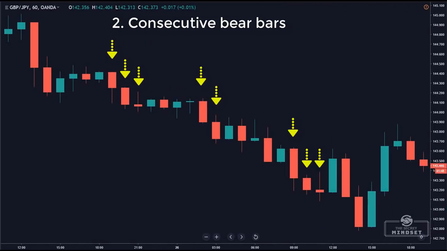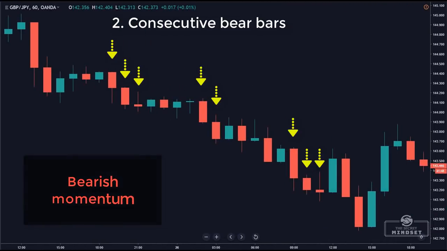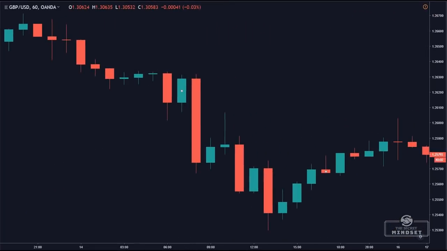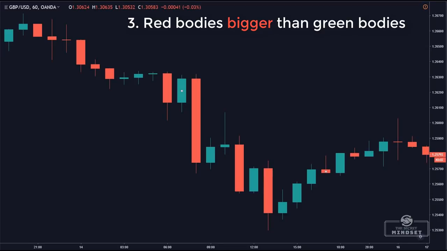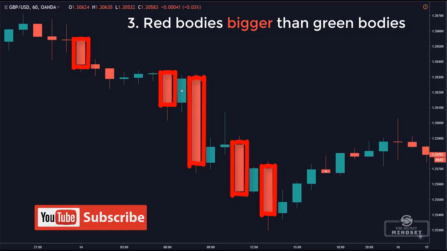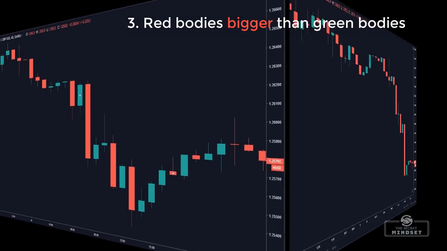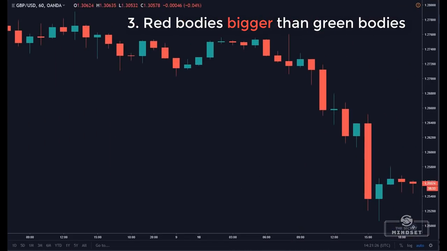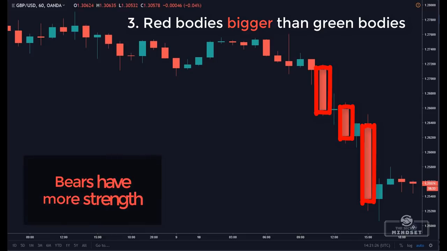Consecutive bear bars is an obvious indication of a bearish momentum. In a bear market, the red bodies are bigger than the green bodies. This kind of price action suggests that the bears have more strength than the bulls.